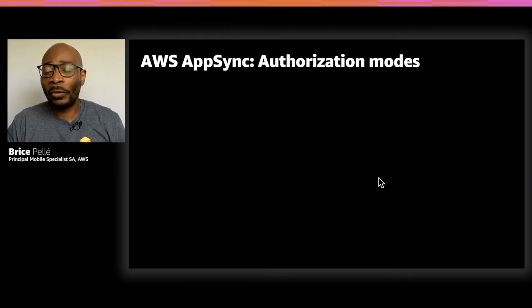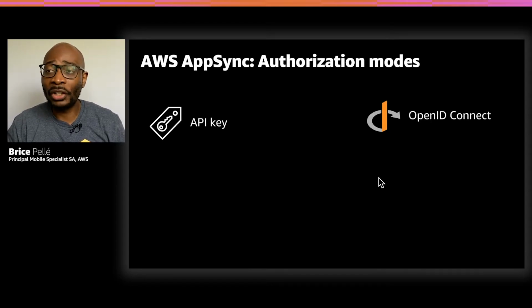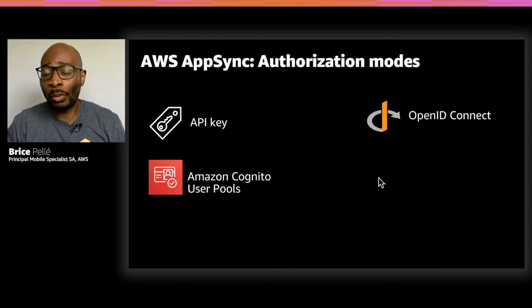And AppSync provides a couple of authorization modes. So depending on what you want to do, depending on who is accessing your API, you may want to choose a different authorization mode for that use case. AppSync supports API keys. It supports OpenID Connect and JWT tokens. It supports Amazon Cognito user pools, which also uses JWTs.